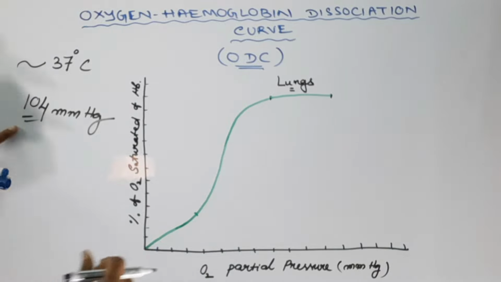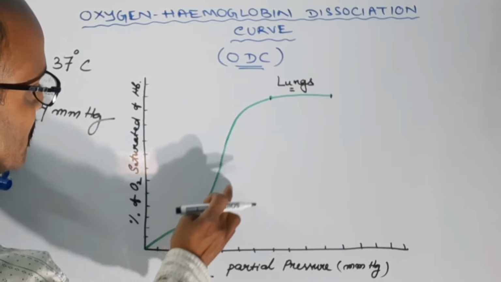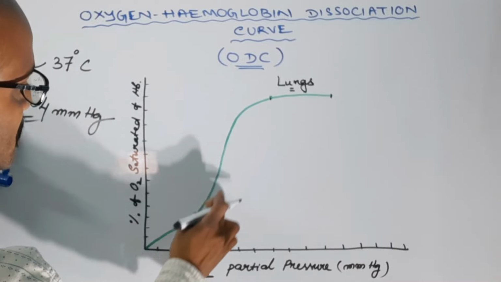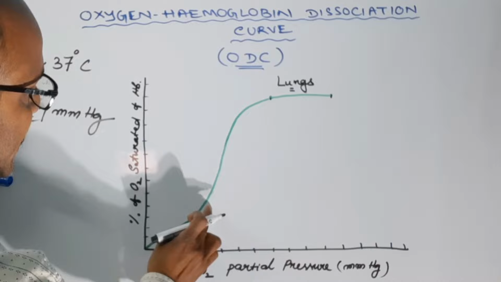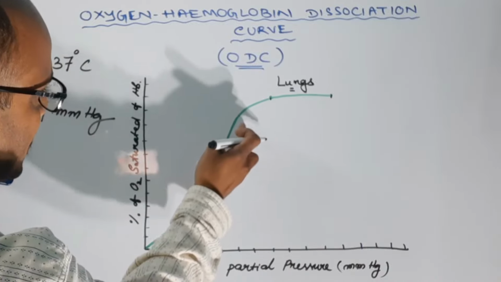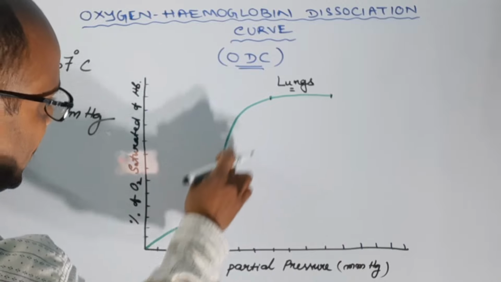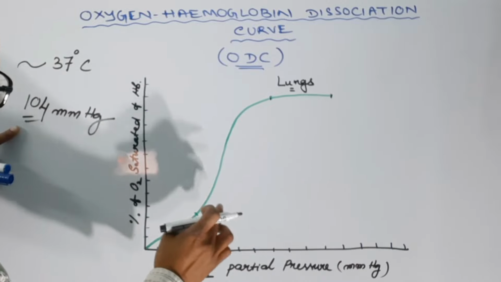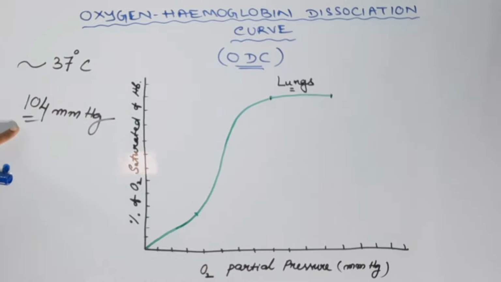But in tissue, there is a gradual decrease in the partial pressure of oxygen.